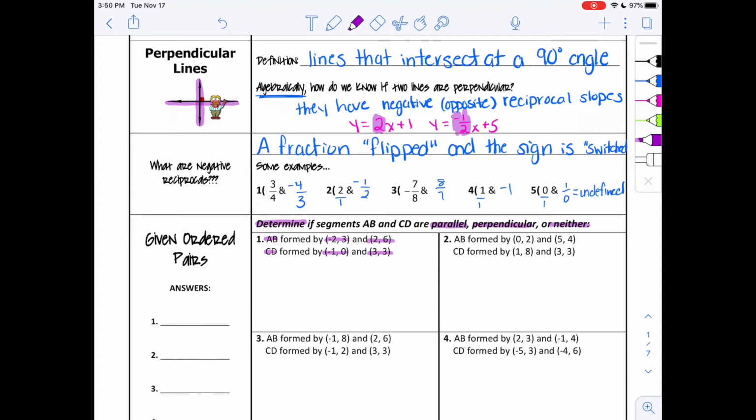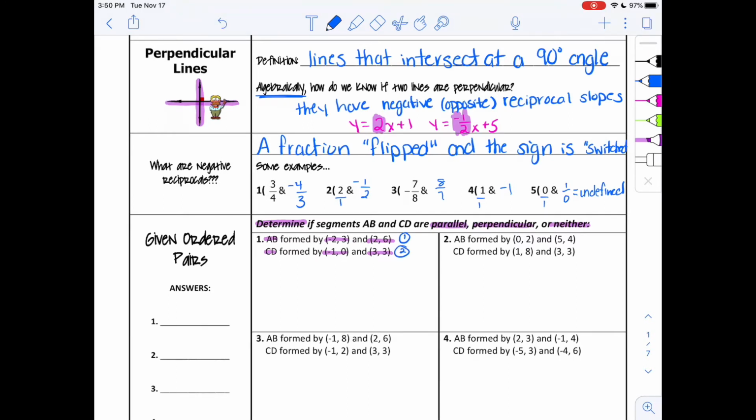And I want to compare their slopes to determine if these 2 lines are parallel, perpendicular, or neither. And I'm doing this to compare it algebraically what these 2 lines are doing. So what I need to do is find the slope of each line. So I'm going to name this first set of points, that first line, line 1 and then line 2.